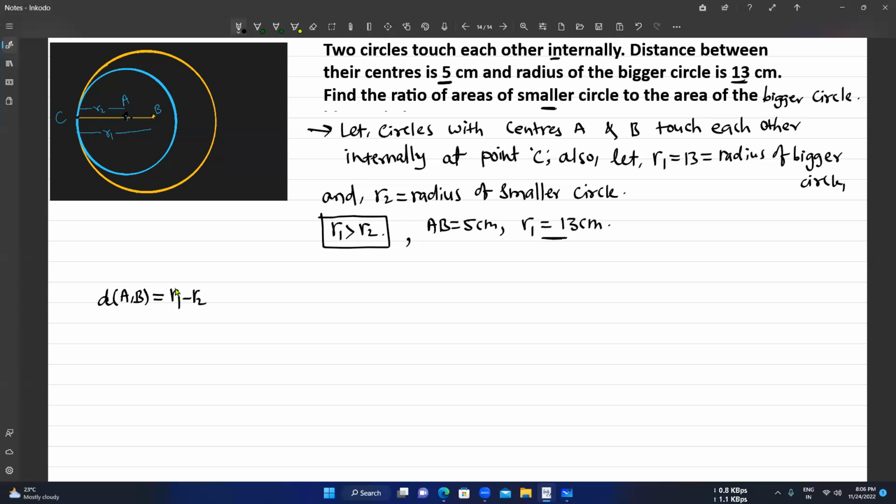Since R1 is the radius of the bigger circle, we wrote it first. So we can write the reason as the property of internally touching circles.